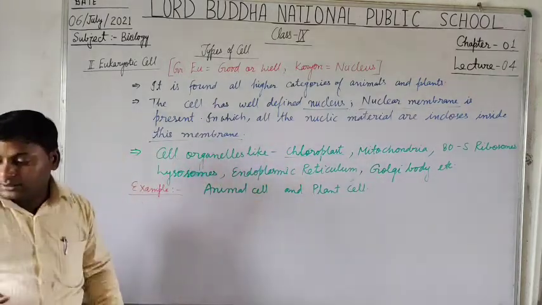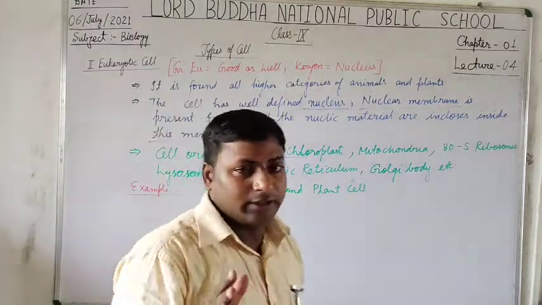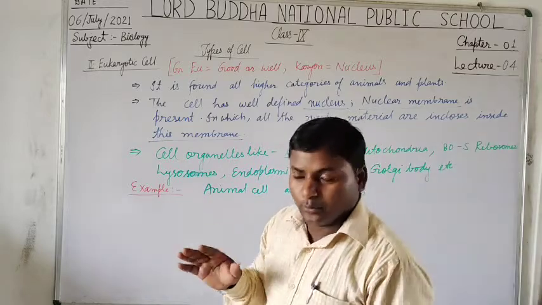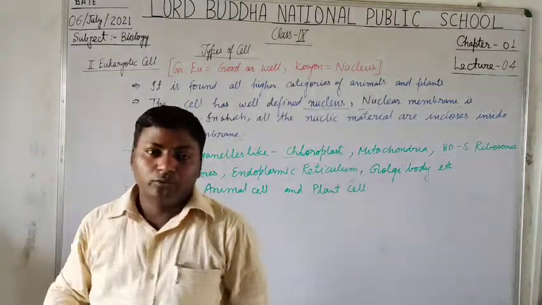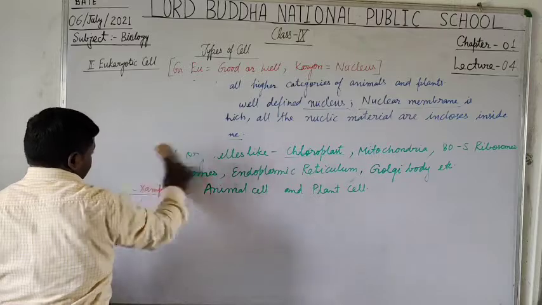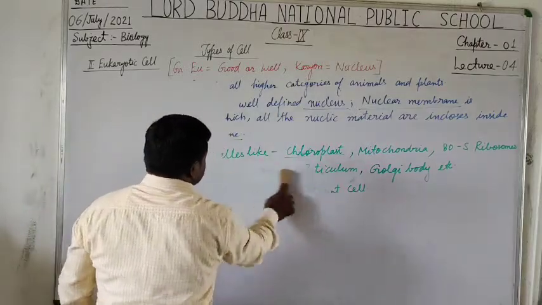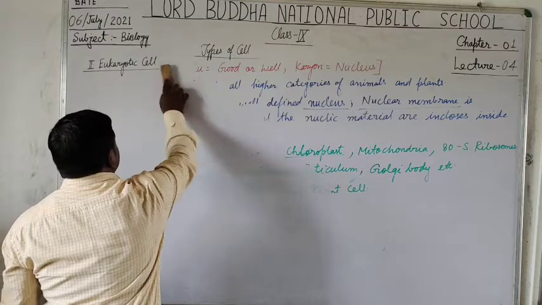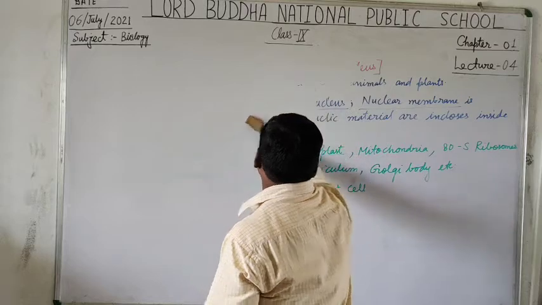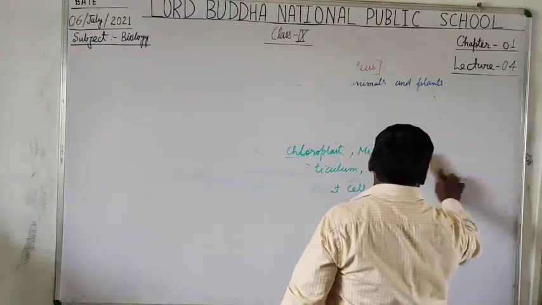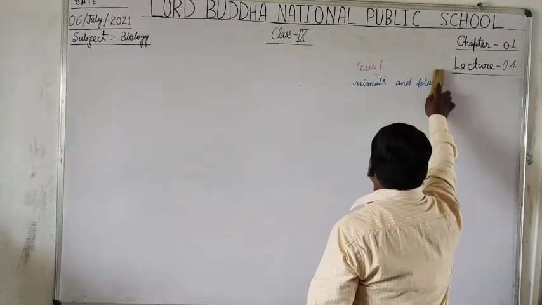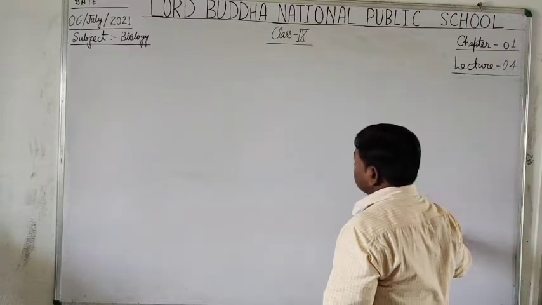So students, we comparatively study the structure of plant cell and animal cell both. So now we are going to discuss the structure of animal cell. How an animal cell is made up and what kind of cell organelles are present in a plant cell.